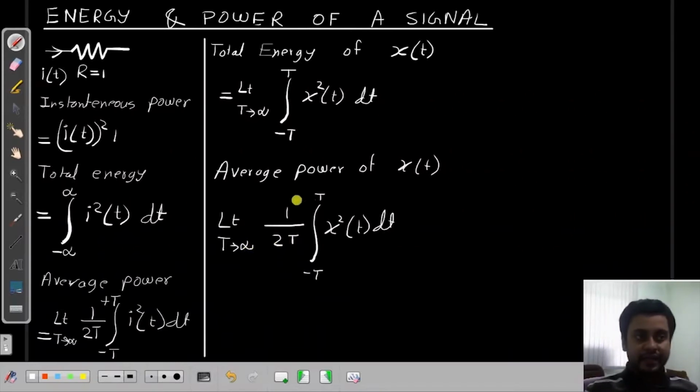Again, this physically need not represent power in watt, but this is the mathematical definition of power of any signal or any function.